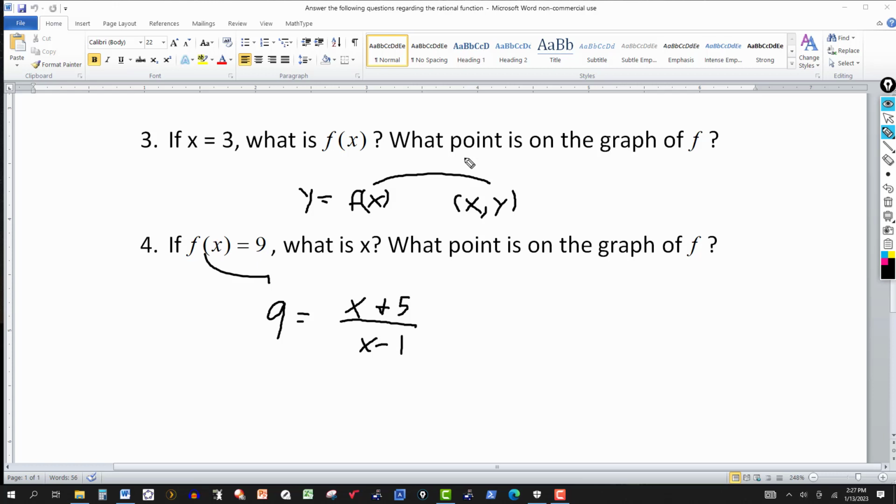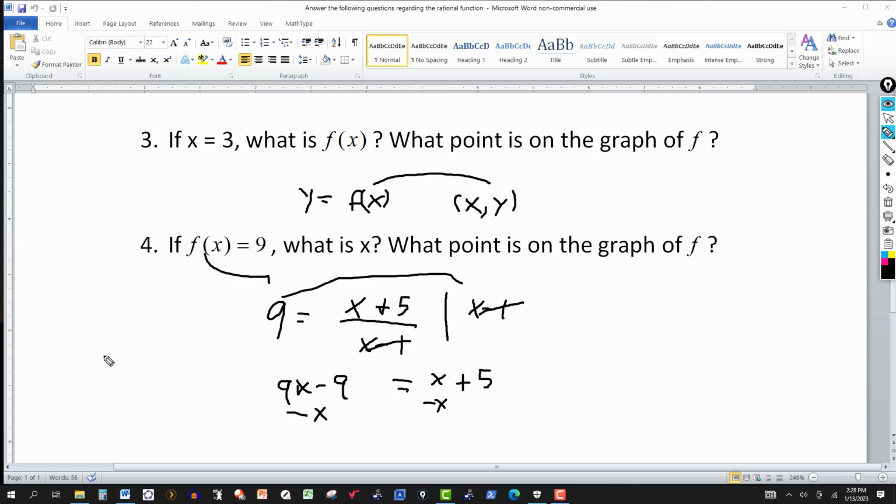To solve this equation for x, let's get rid of the fraction by multiplying through by x minus 1. Multiplying 9 and x minus 1, I get 9x minus 9. For the right side, the x minus 1 and the x minus 1 cancel, so that gives me x plus 5. Then we subtract x from both sides, isolating the x.